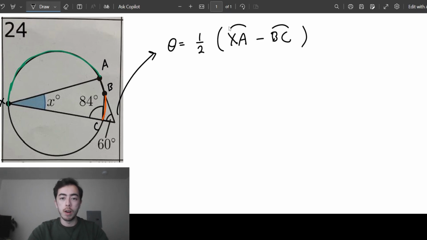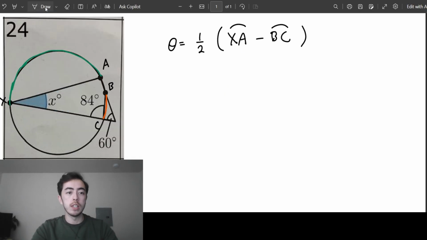We need to figure out what arc XA and arc BC are. However, if we look at the given information, this 84 degrees and 60 degrees, well, we can't really use the 60 for figuring out the measurements of these arcs because it's the exterior angle. Actually, that 60 is just supposed to be this one right here.